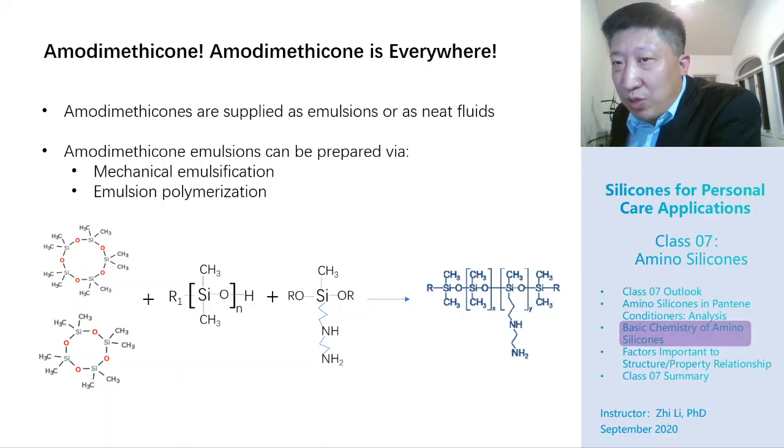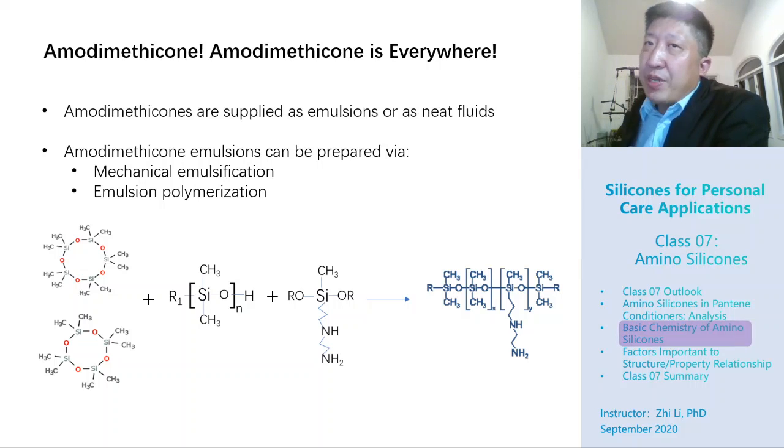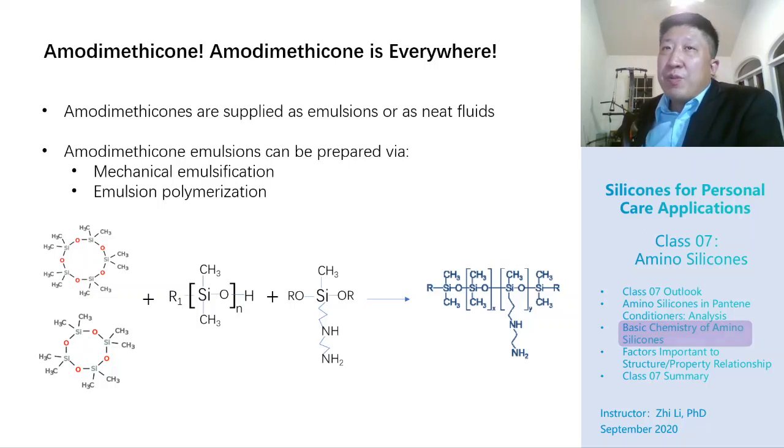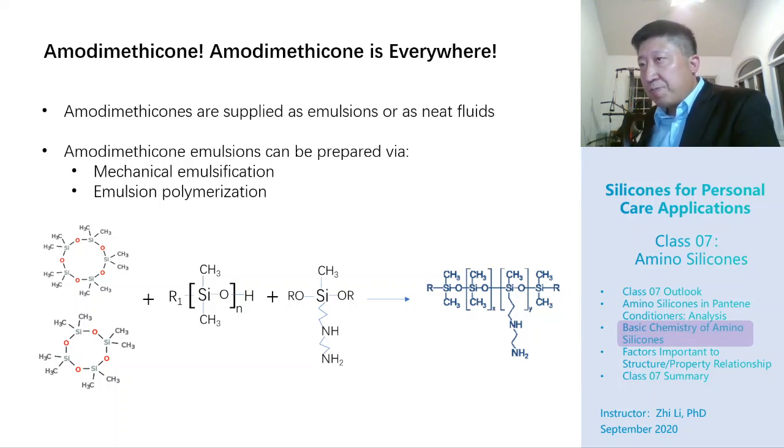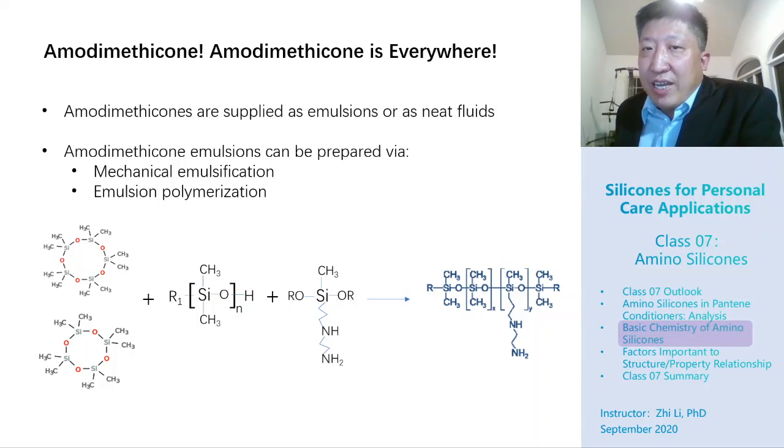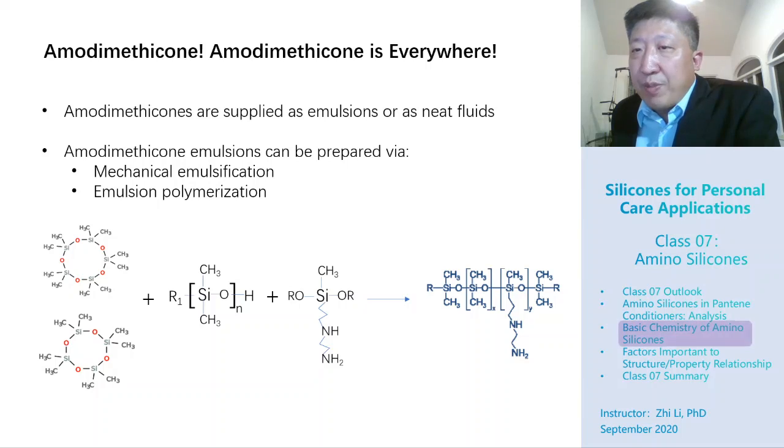In my opinion, personal opinion, the amino emulsion is a little bit more expensive than the mechanical emulsification, but potentially going to result in something with lower D4, D5, D6. An attribute that becomes more and more important for our formulators. So those are the things you have to be very careful about when you select an amodimethicone from a particular supplier.